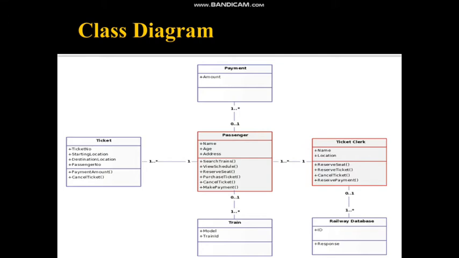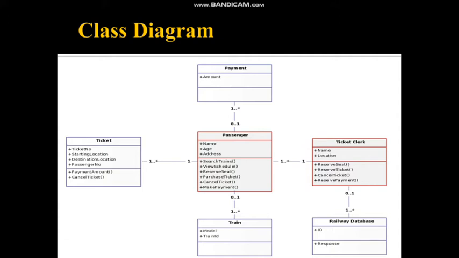Multiplicity can be expressed as exactly one, 0 or 1, many, one or more, an exact number or a complex relationship. In this class diagram, we have 5 types of multiplicity relationship. They are passenger payment, passenger ticket clerk, passenger train, ticket clerk railway database, and passenger ticket.